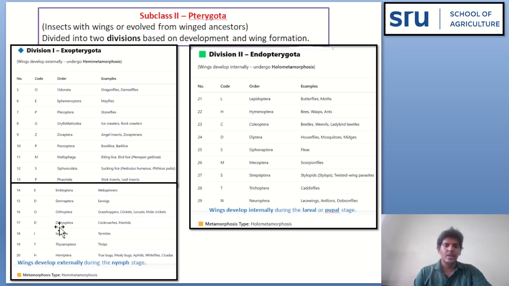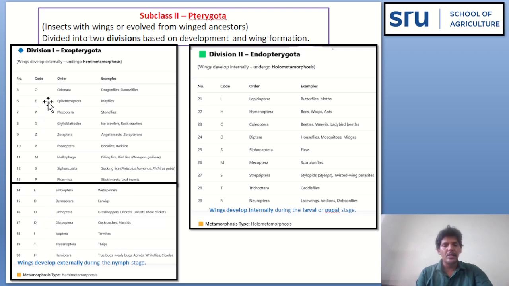In Exopterygota, wings develop externally during the nymphal stage, but in Endopterygota, wings develop internally during the larval stage. See here the code for all 16 orders: OE, PG, ZP, MS, PEGD, OTH.